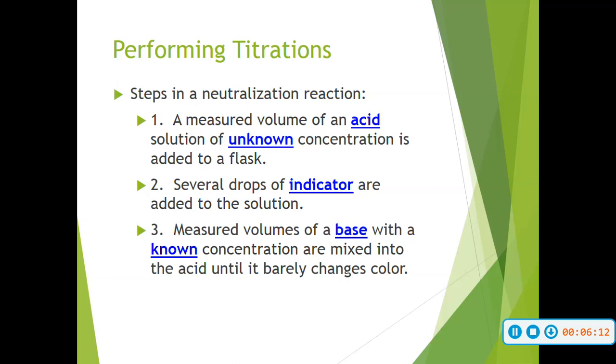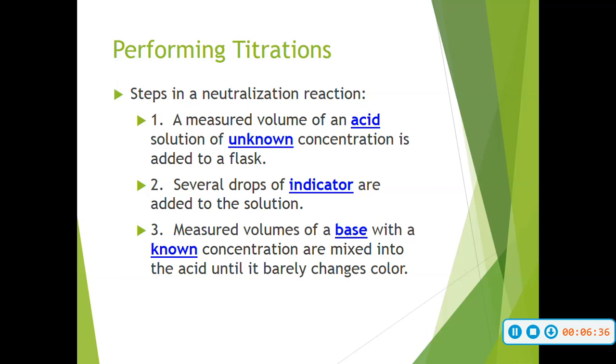After you've added your indicator, you are going to measure volumes of a base with a known concentration in your burette, and you are going to mix it into your acid that's in the flask until it barely changes colors. Of course, in class you watched a video over this.